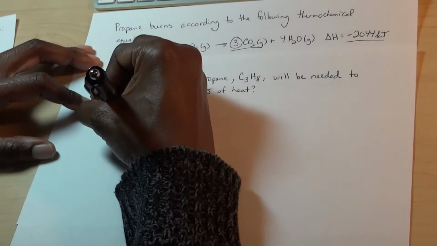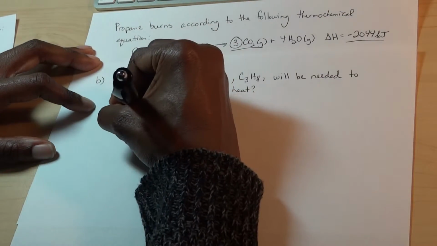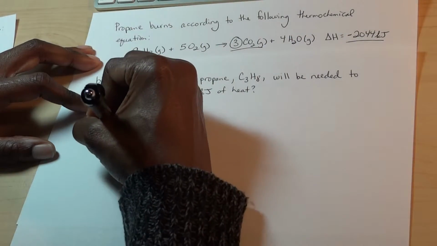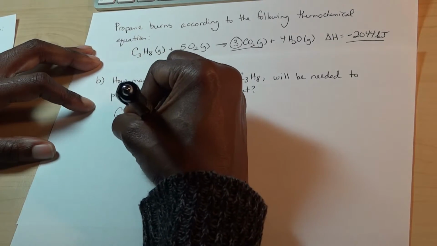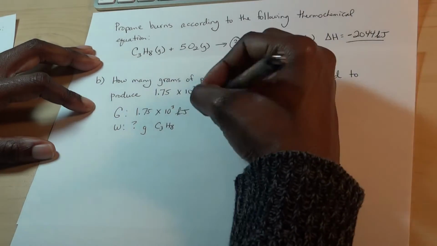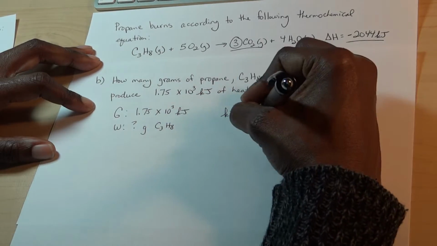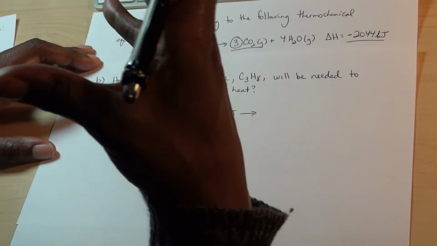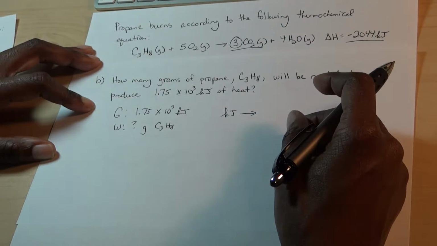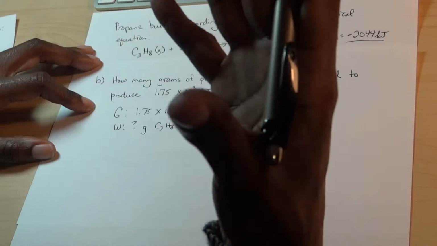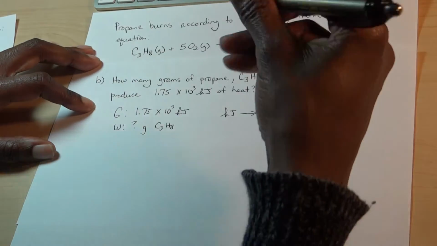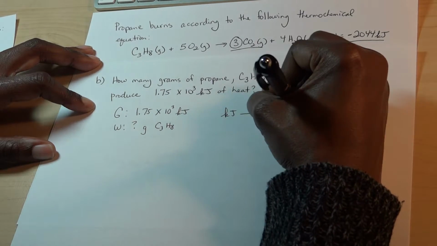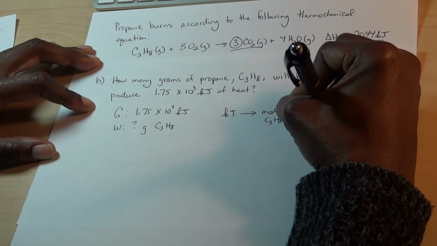So now our given is the kilojoules, and we want grams of propane. This time we're going from kilojoules to grams, but you still have to go to moles first. Moles is always that middle part, because you have an energy to mole ratio, so moles has to be there. So kilojoules to moles of propane, and then moles of propane to grams of propane.